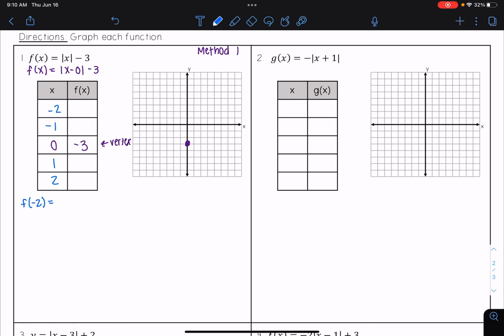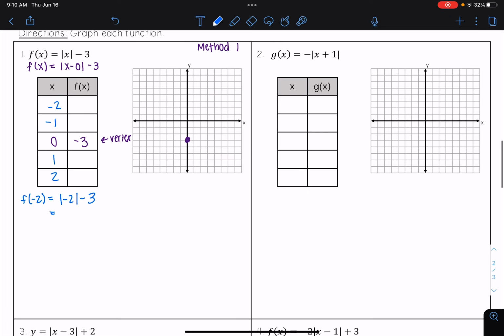So when I plug that in for x, I have the absolute value of negative 2 minus 3. Well, the absolute value of negative 2 is just 2. And 2 minus 3, I get negative 1. Okay, let's do the same thing with negative 1. So now plugging in negative 1 into my function, I have the absolute value of negative 1 minus 3. Absolute value of negative 1 is just 1.